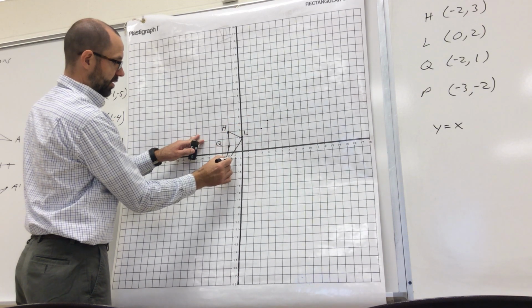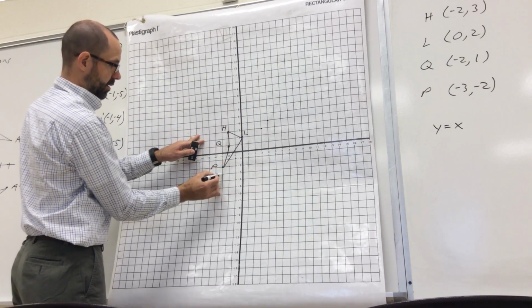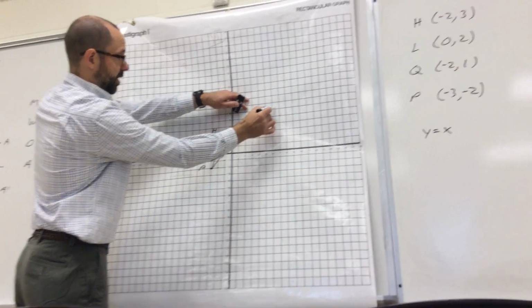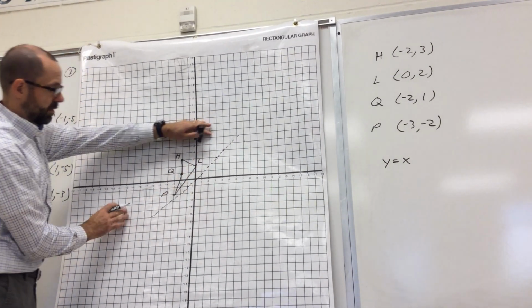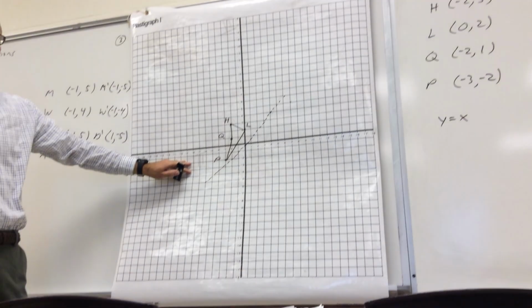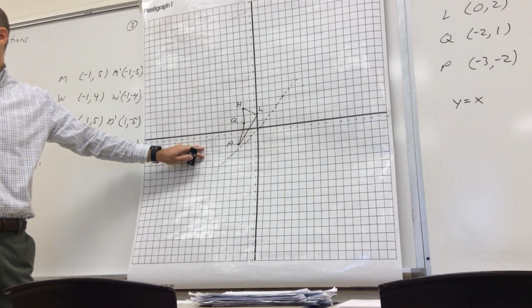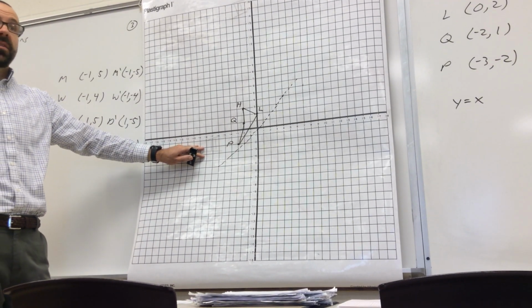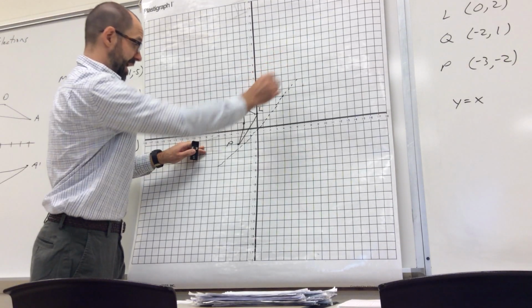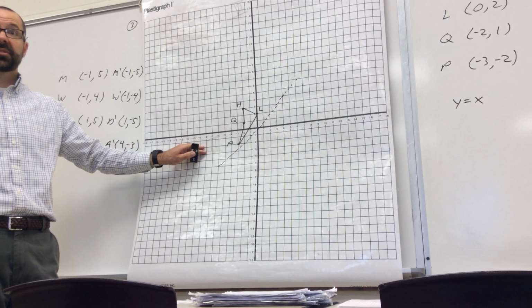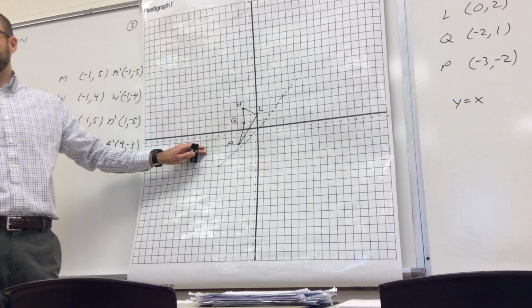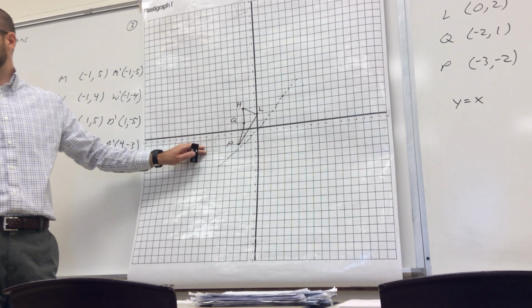So we're going to have a diagonal dotted line, and that's the one we're going to reflect across. Last time we reflected across the x-axis. This time we're reflecting across this diagonal line. And that diagonal line is called y equals x, because for all the points on it, the y equals the x.